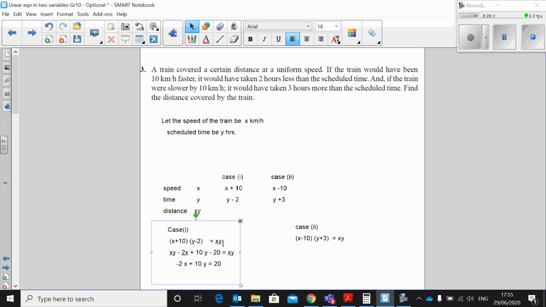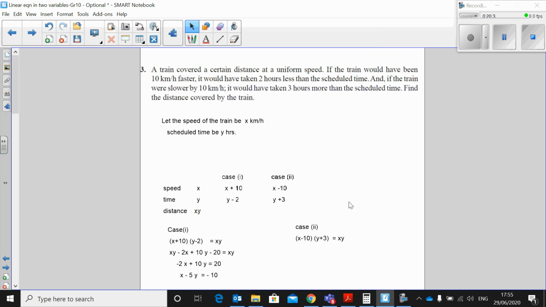Let us divide throughout the equation by minus 2. If you want, otherwise you can even keep it as minus, it's not a big deal. So then it is x minus 5y, which is equal to minus 10.